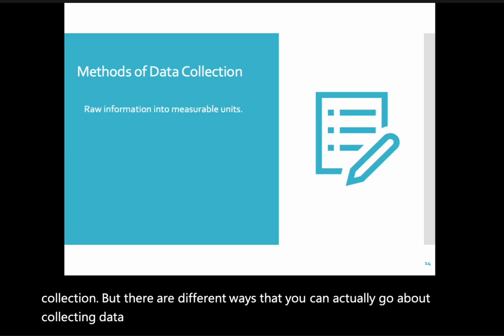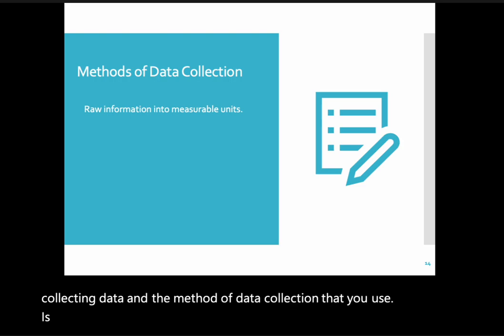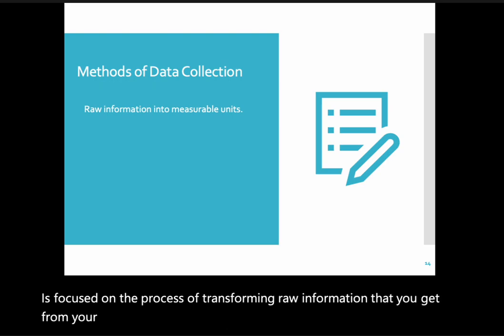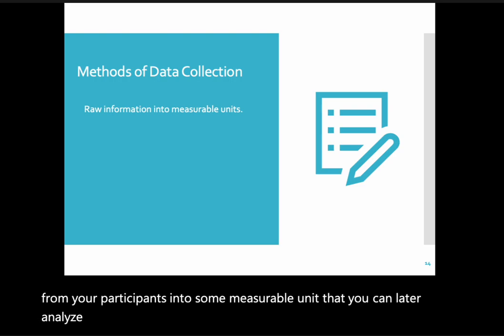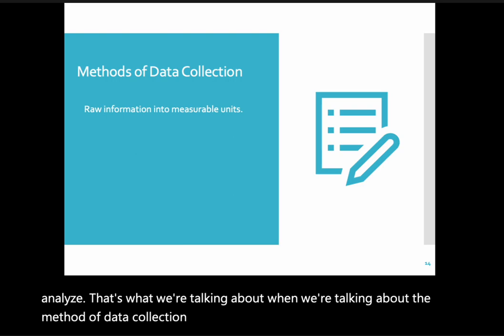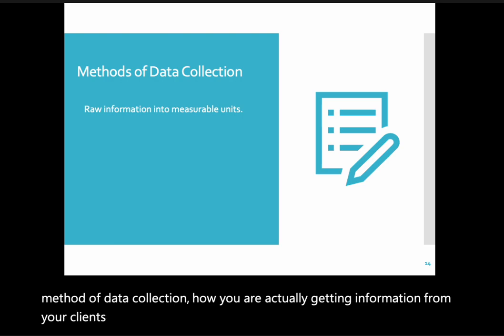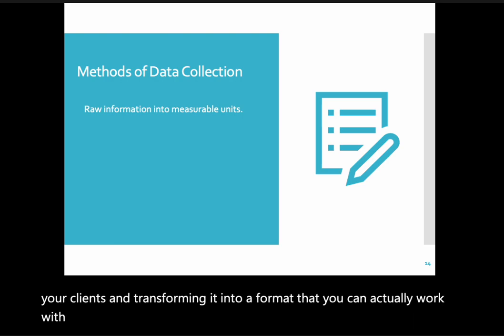And the method of data collection that you use is focused on the process of transforming raw information that you get from your participants into some measurable unit that you can later analyze. That's what we're talking about when we're talking about the method of data collection. How you are actually getting information from your clients and transforming it into a format that you can actually work with and analyze.